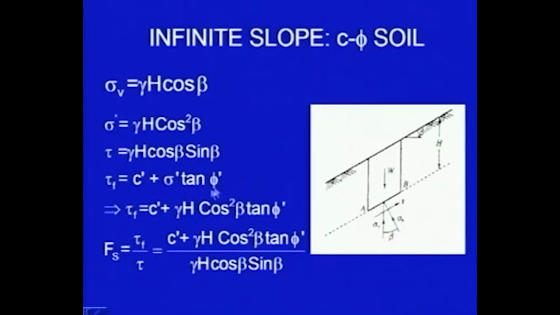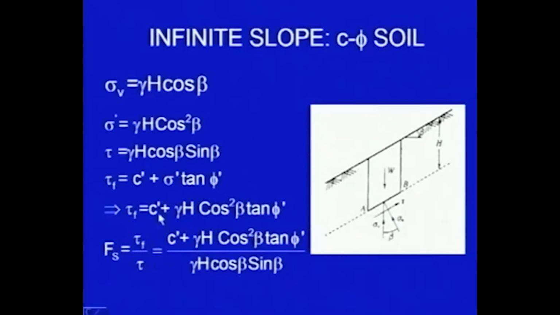Similar to the previous case, to get the factor of safety, we need to know what is the maximum available shearing strength at this rupture plane. So, tau f will be equal to c dash plus sigma dash tan of phi dash. So, tau f will be c dash plus, sigma dash is from here, gamma h cos square beta into tan of phi dash, and when I put this in this equation, factor of safety is shearing strength divided by the mobilized shearing resistance or applied shearing stresses.